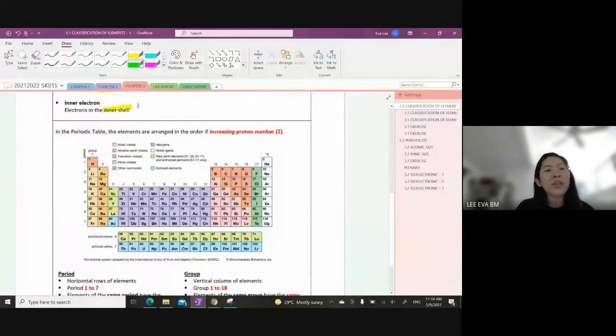Over here, in the periodic table, the elements are arranged in the order of increasing proton number. We are using the symbol Z over here. Z refers to your proton number. Sometimes this proton number is called atomic mass, some revision from your chapter 1.